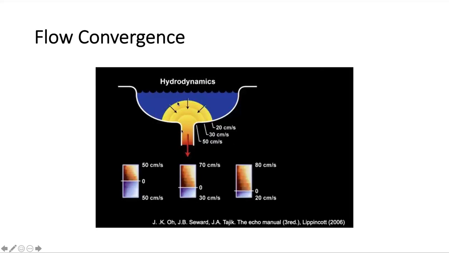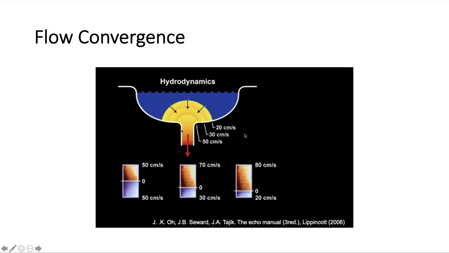So this takes advantage of echo to determine a piece of the continuity equation, because you understand the velocities and the area of this shell, which you can solve hopefully for the area here.